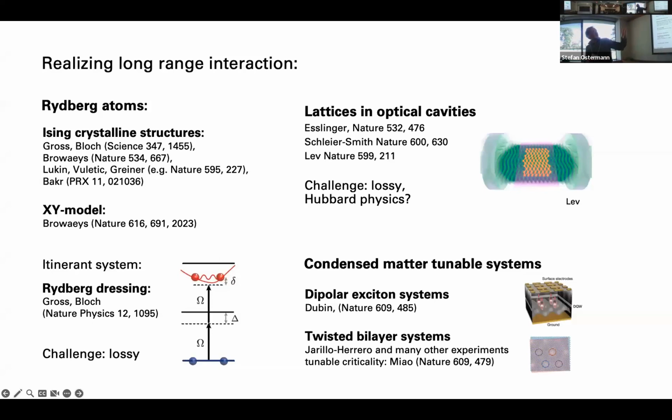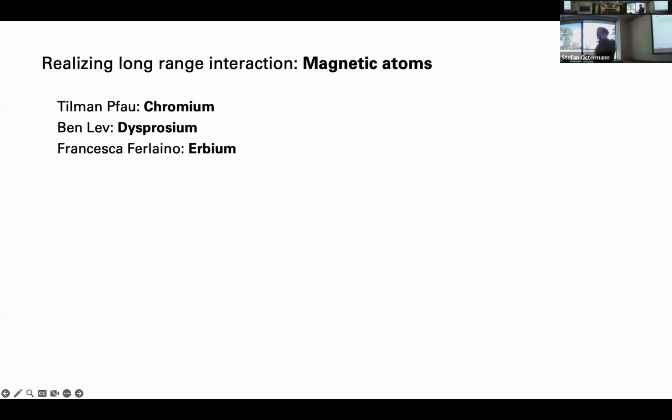Good. So those are a bunch of approaches, but the approach I want to talk about is using magnetic atoms. And this was, as you know, pioneered by Tilman Pfau and Francesca Ferlaino and Ben Lev, who are here.